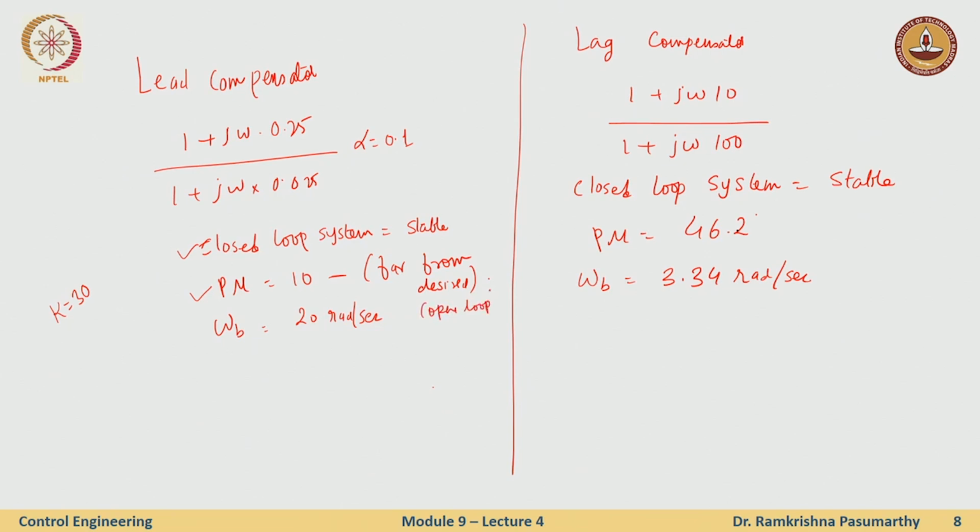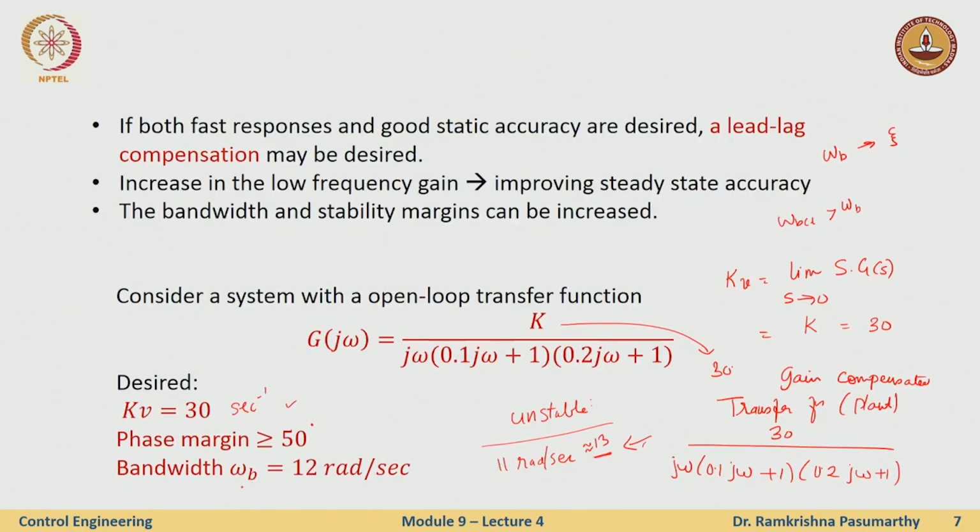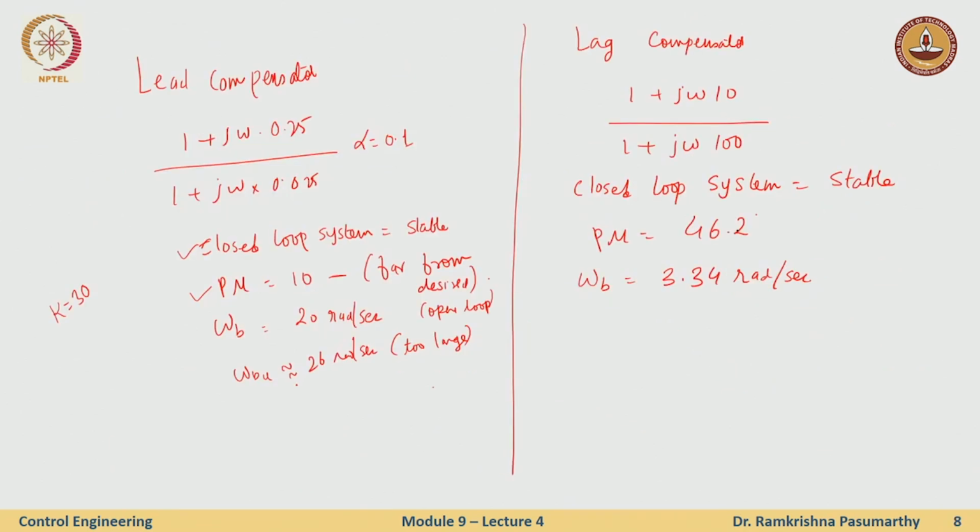If I measure for the closed loop, the bandwidth is about 26 radians per second, and this is too large, right? The design specification in the previous slide was in terms of the closed loop specification. So this is too large, and therefore it will be sensitive to noise. Okay, now this is about the lead part of it.